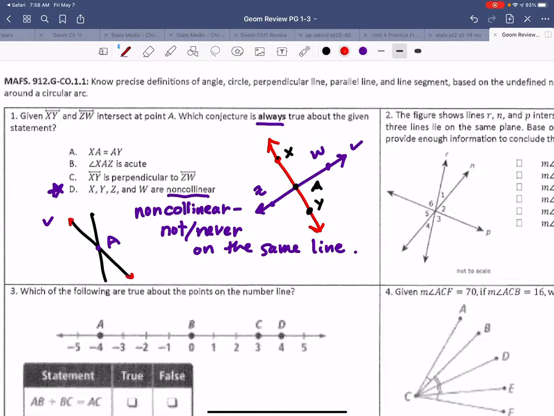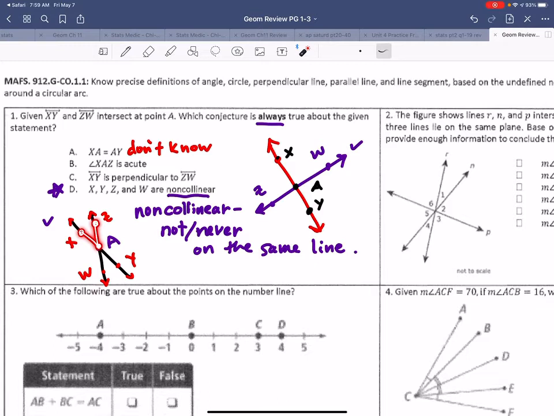So what about the other ones? Well, we see here, if we finish this off, X and Y, Z and W, they would not necessarily be equal. This is saying this has to equal that. No one said that, right? I could put Y here, and this is shorter. We don't know that. Angle XAZ is acute.